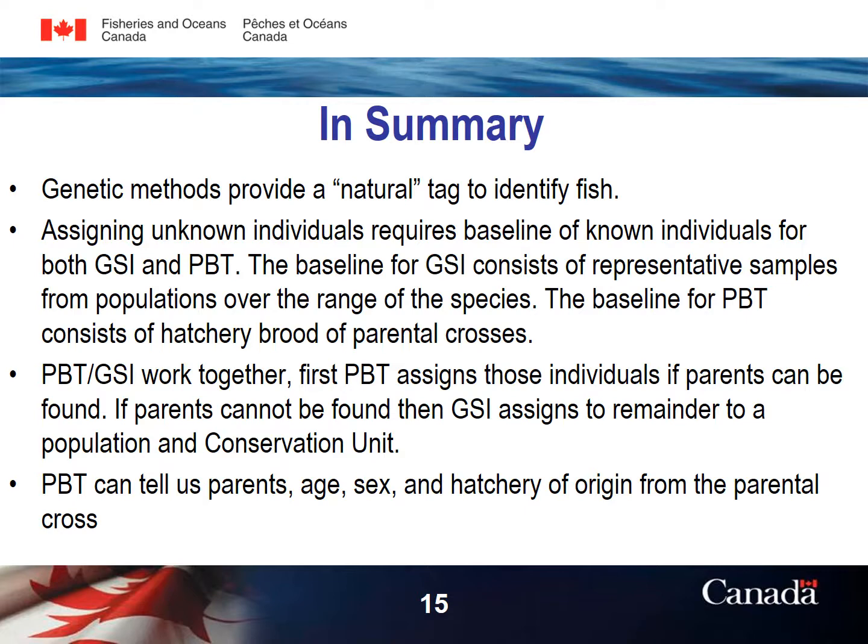First, PBT assigns individuals to parental crosses using the baseline of hatchery brood stocks. Then GSI assigns the remainder of the unknown fish to populations using the GSI baseline. Finally, PBT can tell us the parents, age, sex, and hatchery of origin of an individual from the parental crosses.